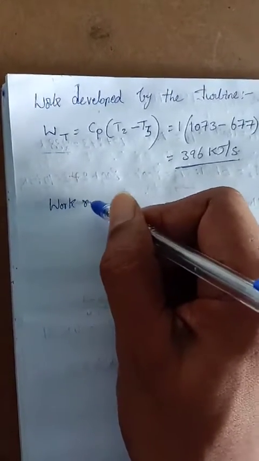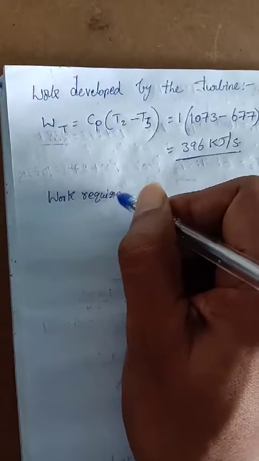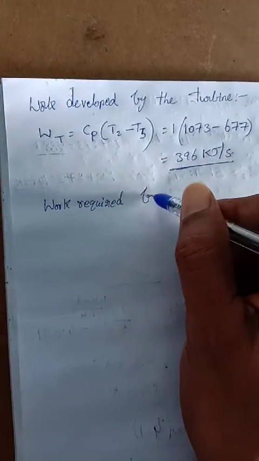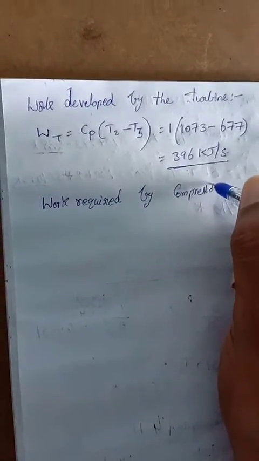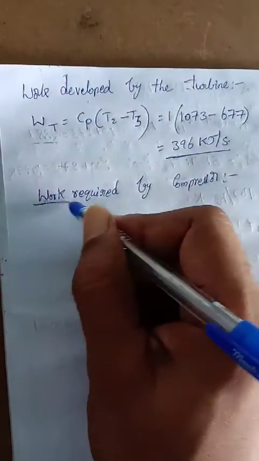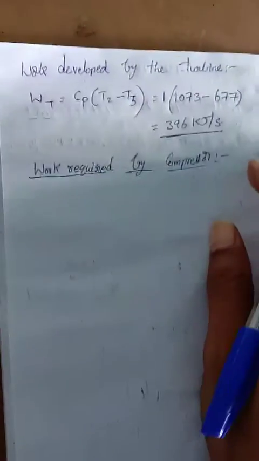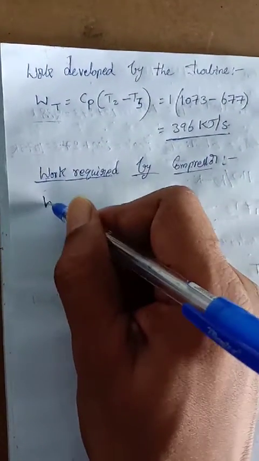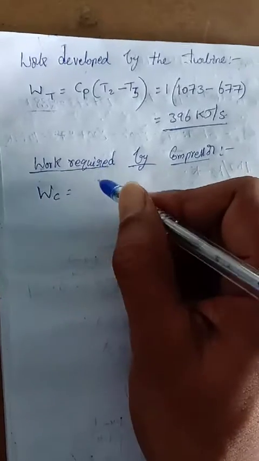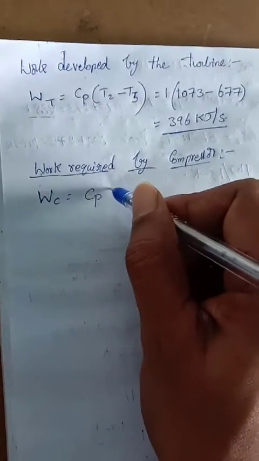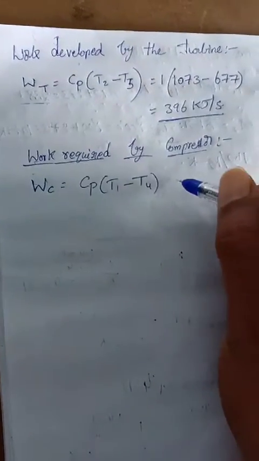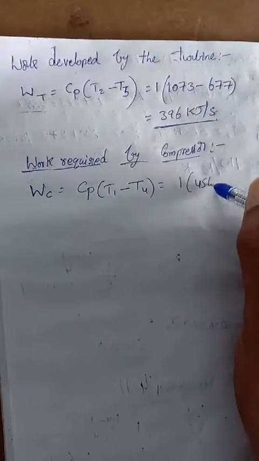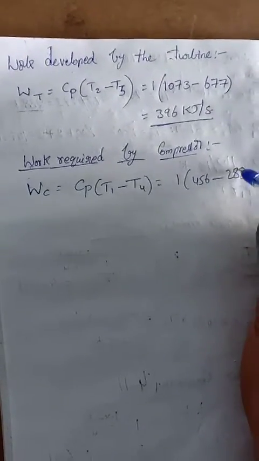Now we are going to see the work required by the compressor. Wc is equal to Cp into T1 minus T4, that is equal to 1 into 456 minus 288.